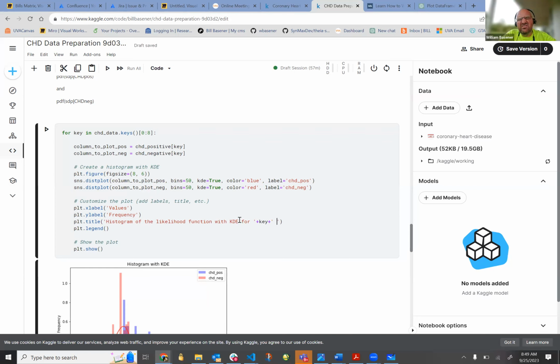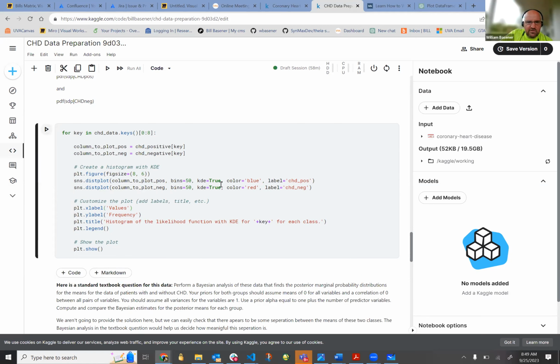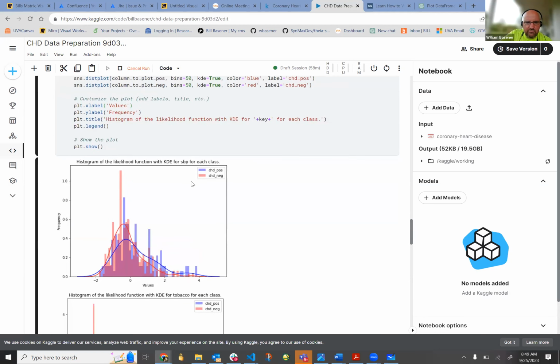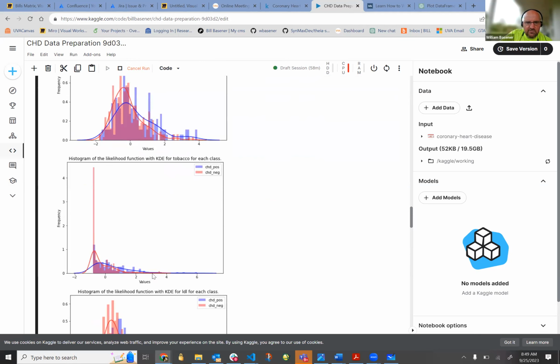And when we say likelihood, we mean the likelihood for each class, meaning a CHD positive and a CHD negative class. So we're going to take this code, which was pretty nice, and turn it into something that does the same thing for each of our variables, right? And this is kind of cool.